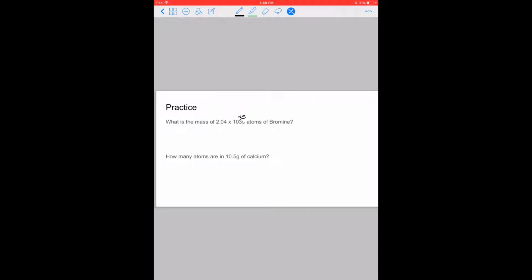So it says, what is the mass of 2.04 times 10 to the 35th atoms of bromine? So we're going to start with what we know. We know we have 2.04 times 10 to the 35th atoms of bromine. Well, we're going to have atoms on bottom, and we are going to actually put moles on top because we're going to have to go to moles before we can go to mass.